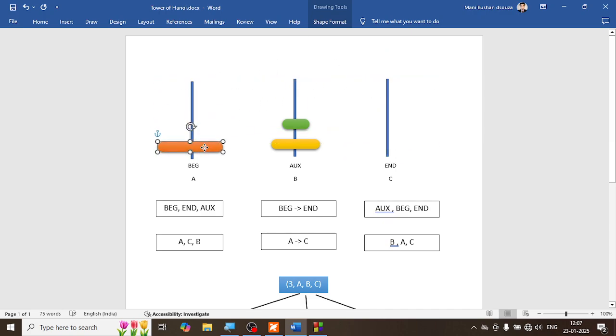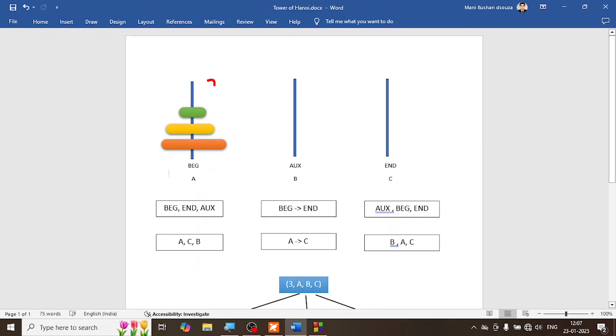So in other words, you have 3 disks here. You may have 2, 3, 4, 5, 6, 10, any number of disks. Suppose you have n number of disks. Out of these n disks, leave out the last disk.